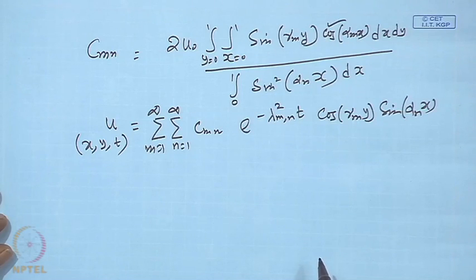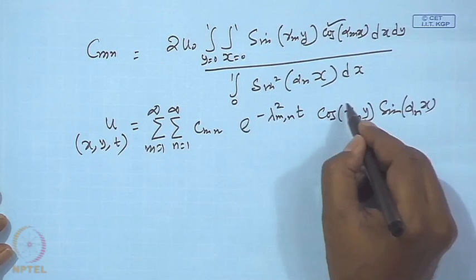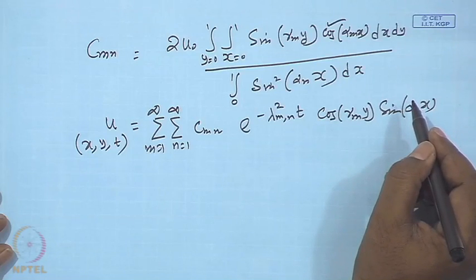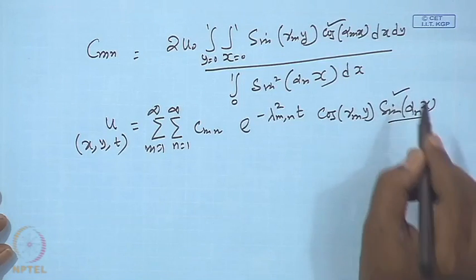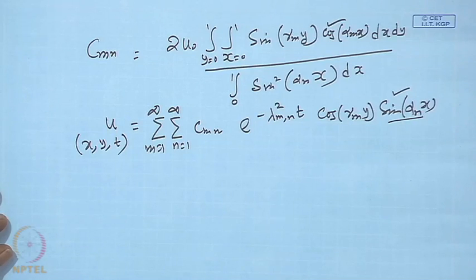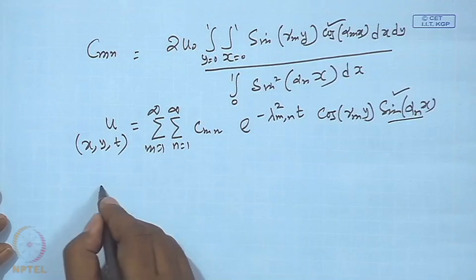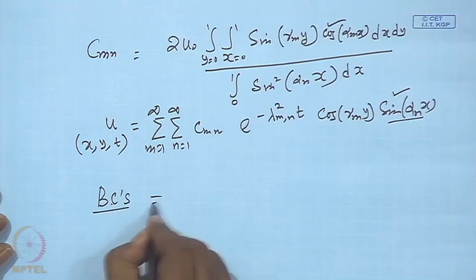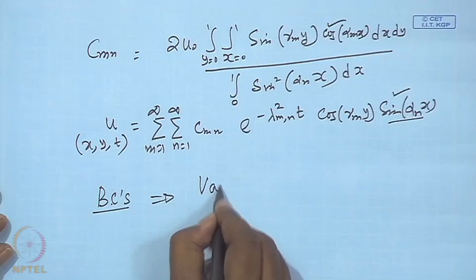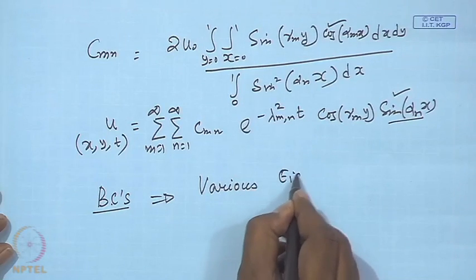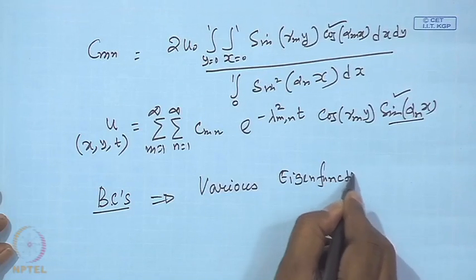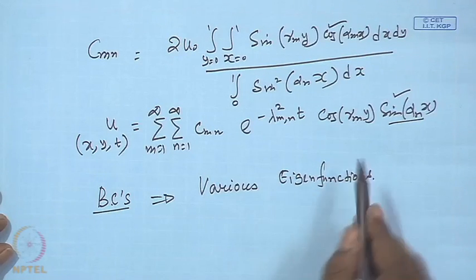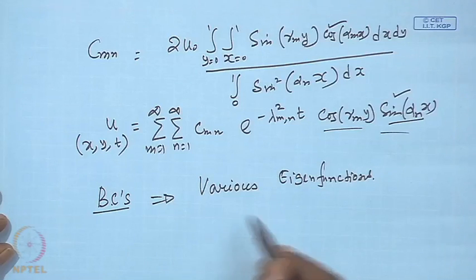Since one of the boundary conditions in the y direction is a mixed boundary condition, you will be getting the sine functions as the eigen functions, and the eigen values will be obtained from a transcendental equation. So, depending on the boundary conditions, one will get various eigen functions and can get either a sine function or a cosine function in your solution.